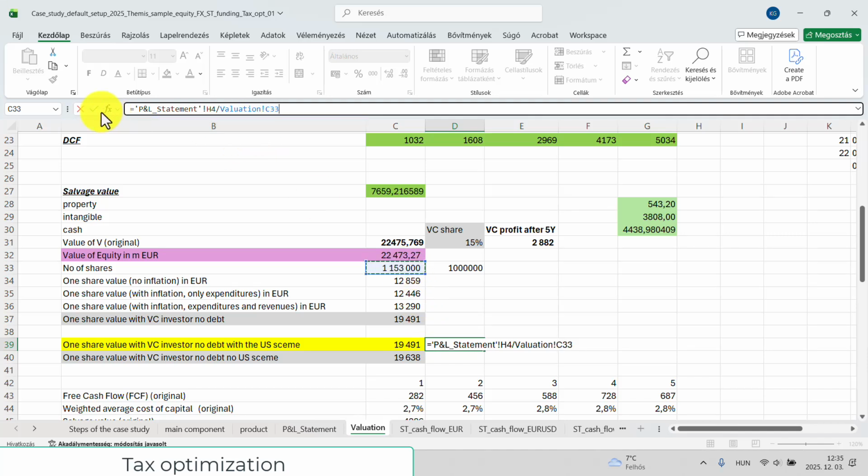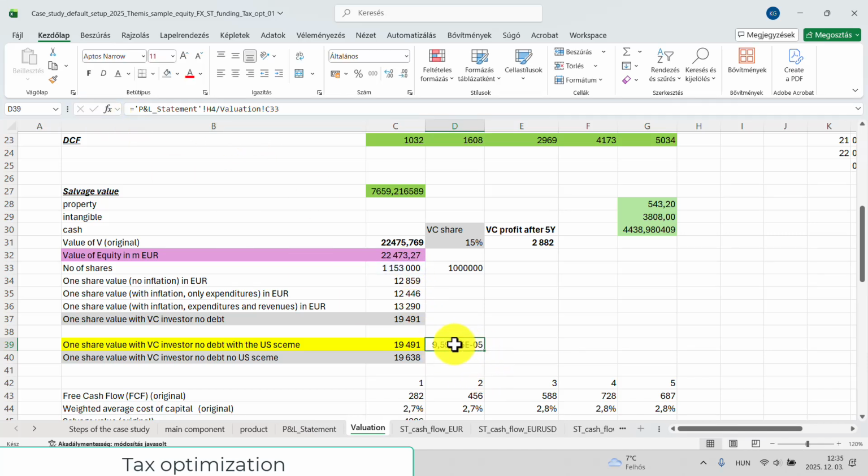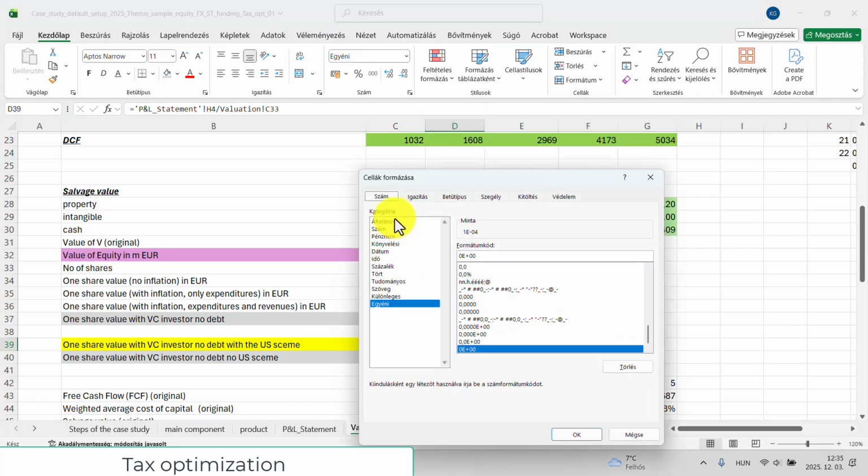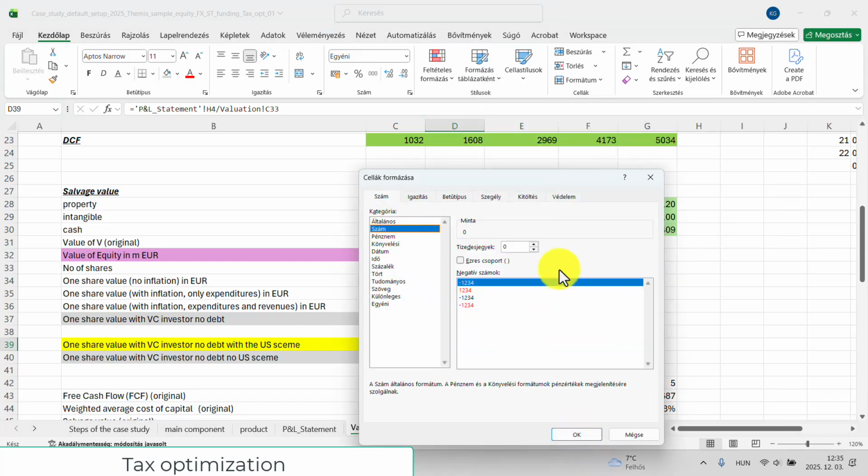If you are dividing this number with this one, then we get a really, really small number because we are talking about millions here. Can we get just simple numbers, please? 6.